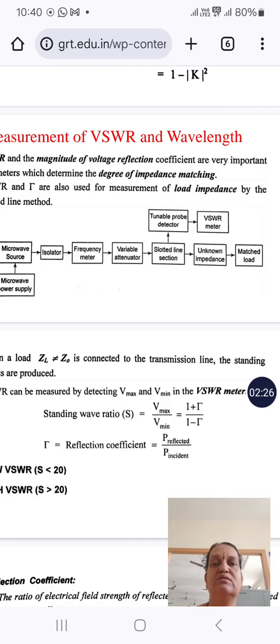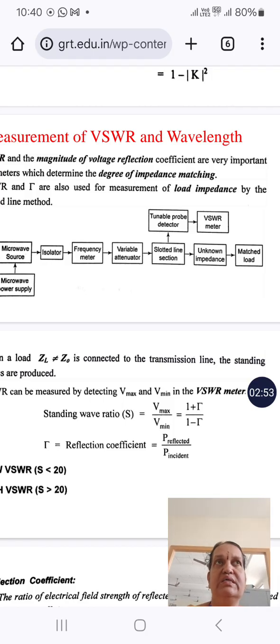That is done by measuring parameters like the reflection coefficient and the voltage standing wave ratio. If the impedance is not properly matched, the signal may get reflected back, so the signal cannot proceed further. The resulting waveform is called a standing wave.